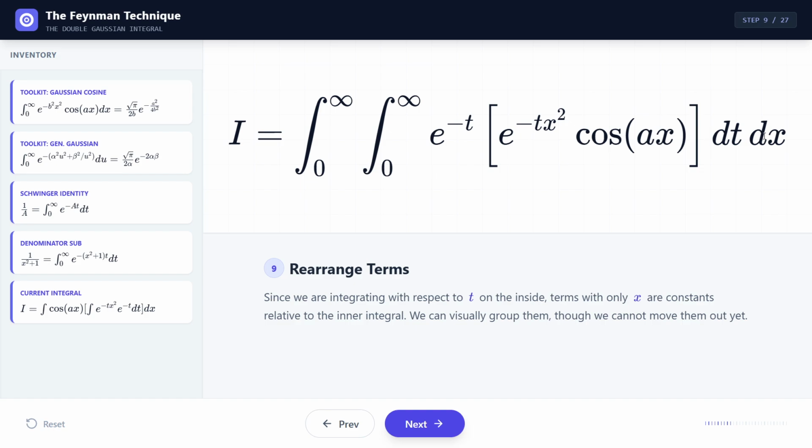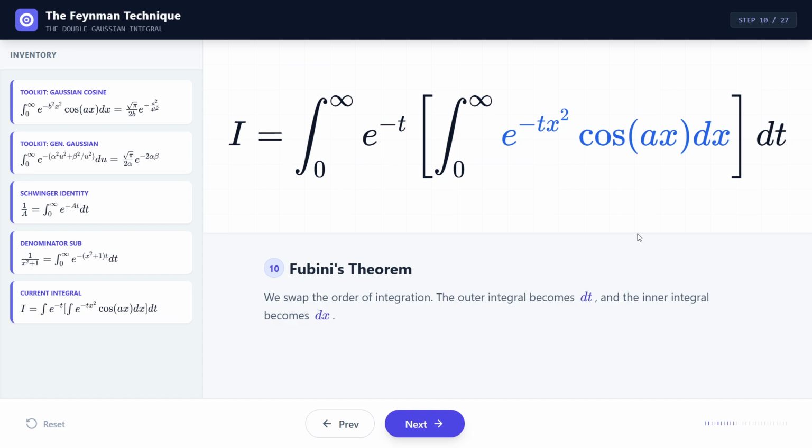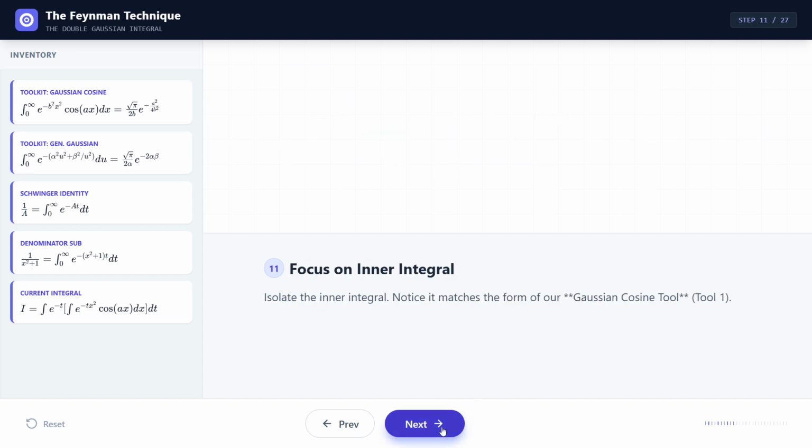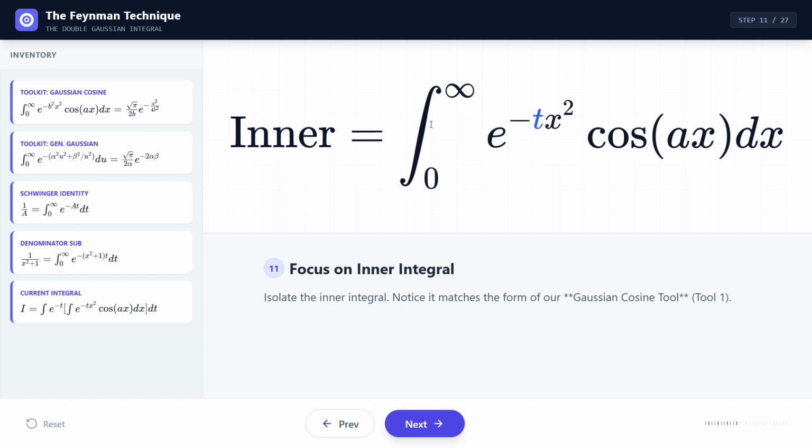And we group it like this. And then next, we can use Fubini's theorem to swap the order of integration. So the outer integral becomes dt, and the inner becomes dx. All right. And now we have our inner integral that looks like this.